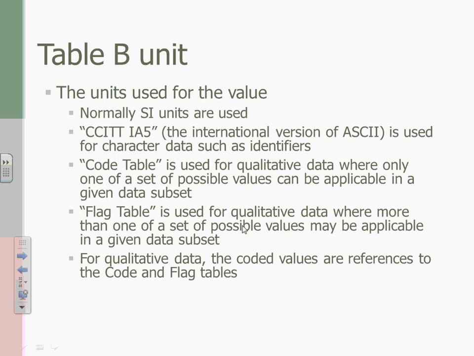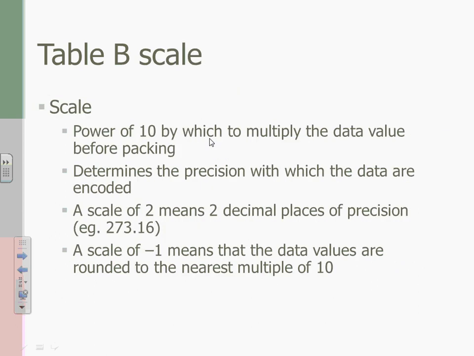Flag table is used for qualitative data, where more than one of a set of possible values may be applicable in a given data subset. So for qualitative data, the coded values are references to the code and flag tables. Probably you will see this well in the example.